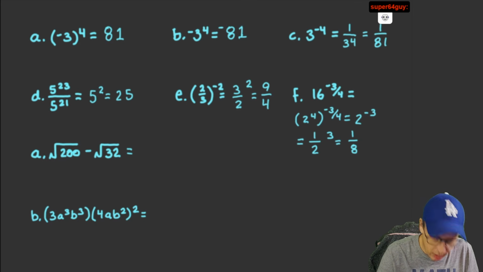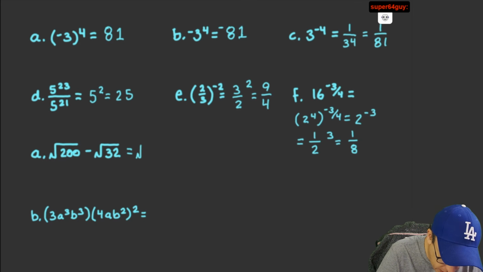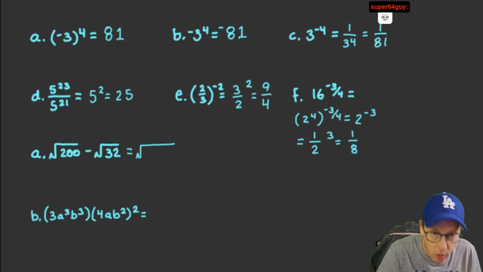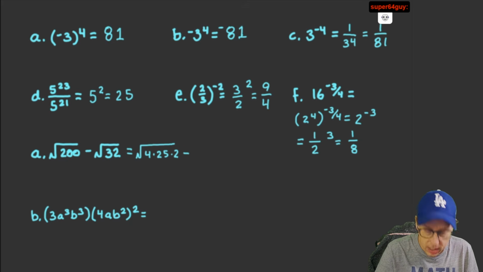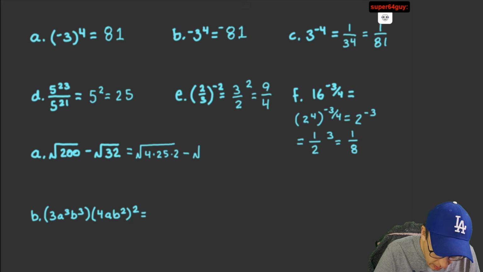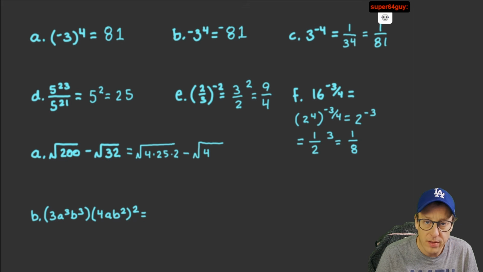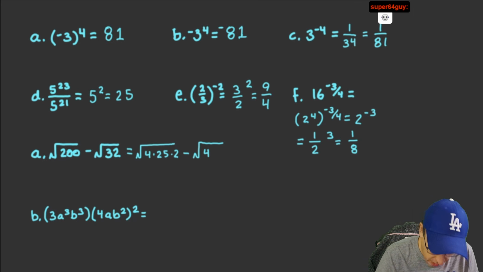All right, so what we're going to do is convert this 200 into 4 times 25 times 2, minus, and then we'll convert the 32 into 4. What we're trying to do is get rid of the square root in this, or simplify them to the greatest extent that we are able to. All right, so this is going to be 4 times 4 times 2. Let's get this over here.